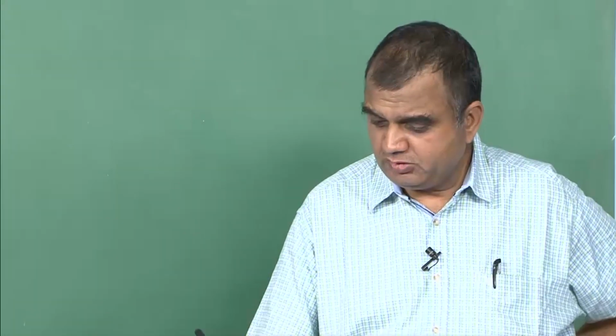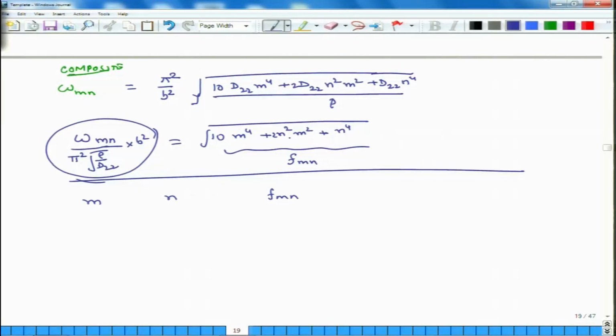So, when will it be minimum? When m is 1 and n is 1, that is the first thing. So, when m is 1 and n is 1, then this is 10 plus 2 is 12 plus 1 is 13, square root of 13. So, square root of 13 is 3.61. Okay. What is the next one?